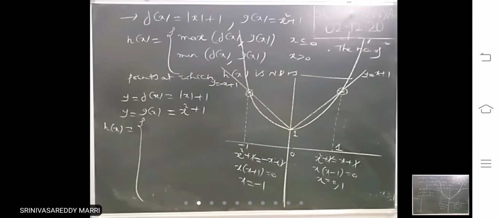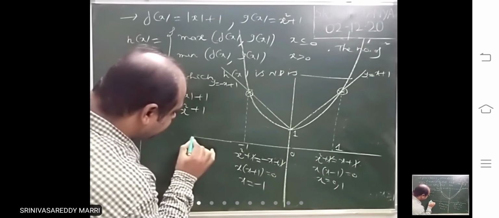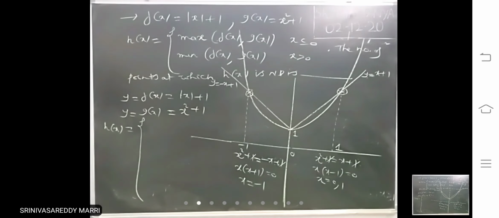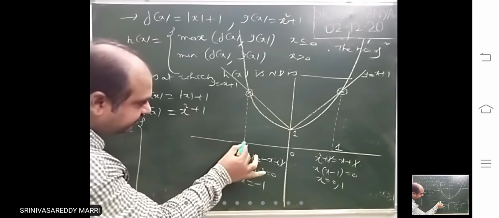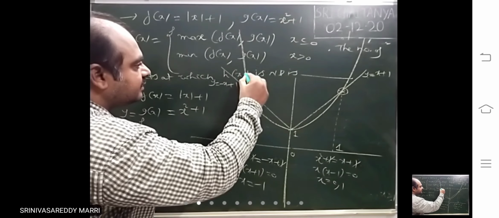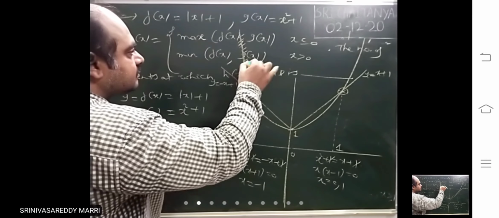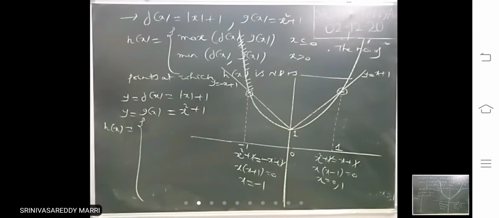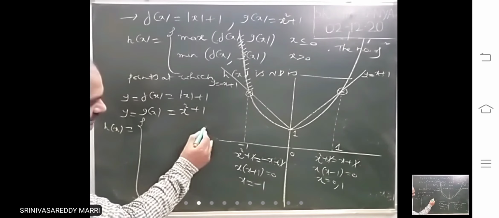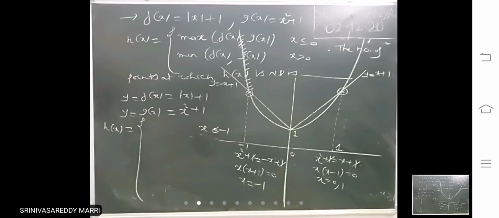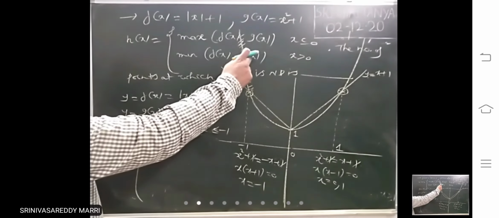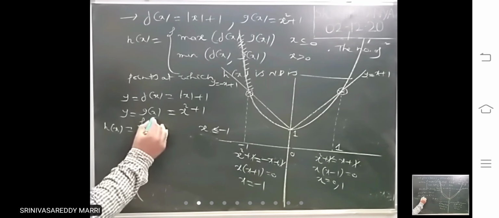Maximum of f of x comma g of x when x less than or equal to 0 means, from here to here, when x lies between minus infinity to minus 1, maximum is what? This one. Maximum. Right? So it is above. That is maximum. That means when x less than or equal to minus 1, this is maximum. That means x square plus 1.